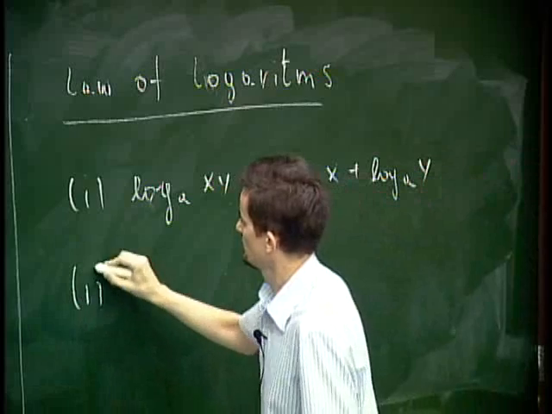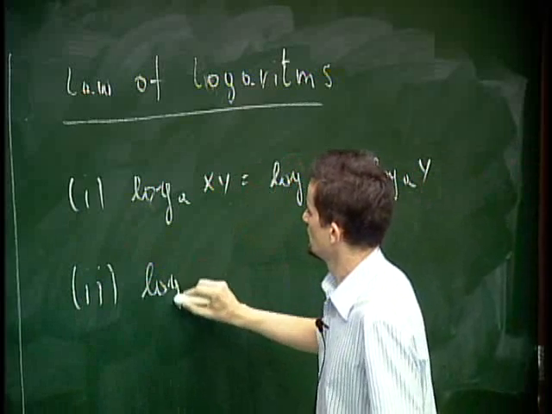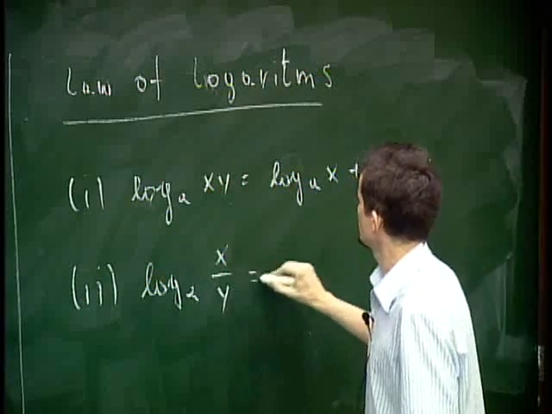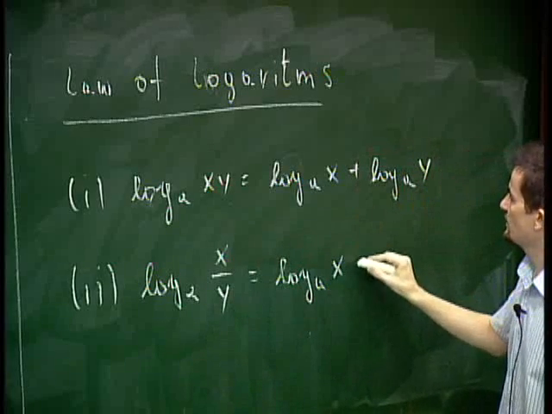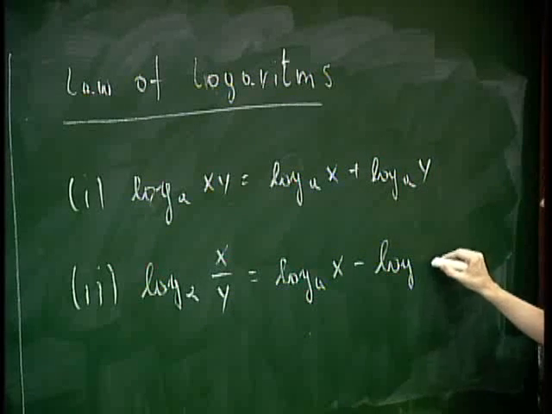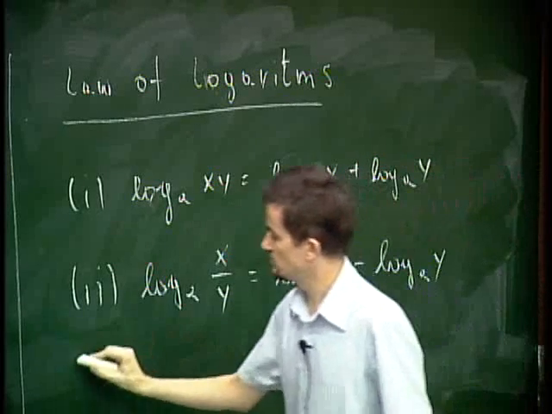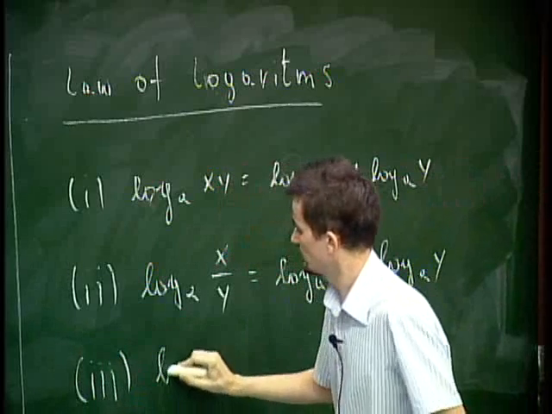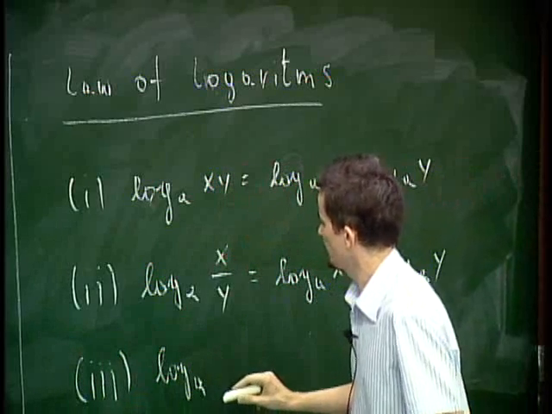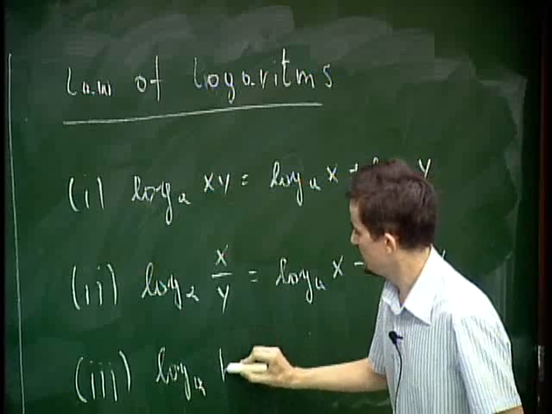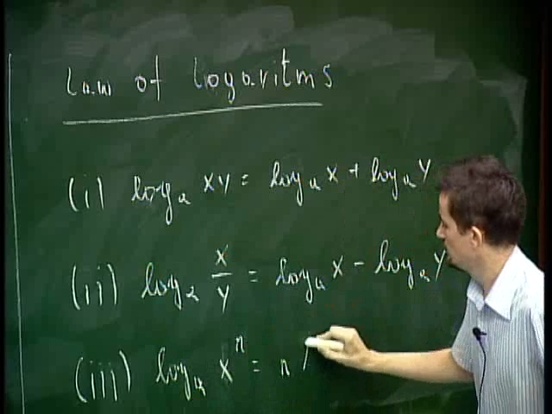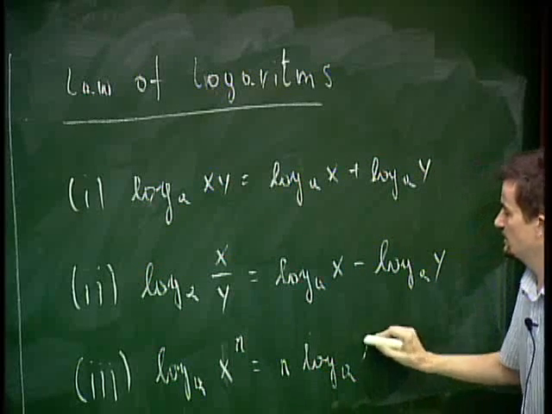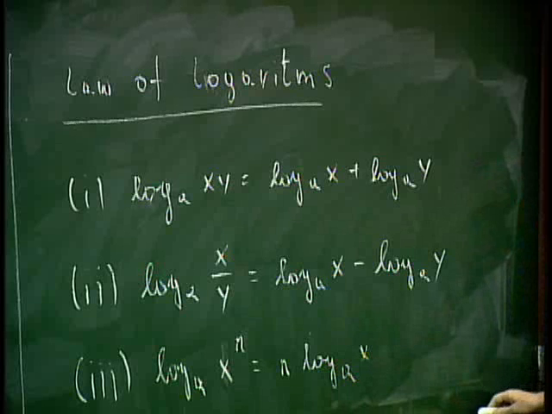You have the logarithm with base a of x over y is equal to the logarithm with base a of x minus the logarithm with base a of y, and you have a similar property for the logarithm with base a of x to the r is equal to r times the logarithm with base a of x. Okay, so you also have those properties here.